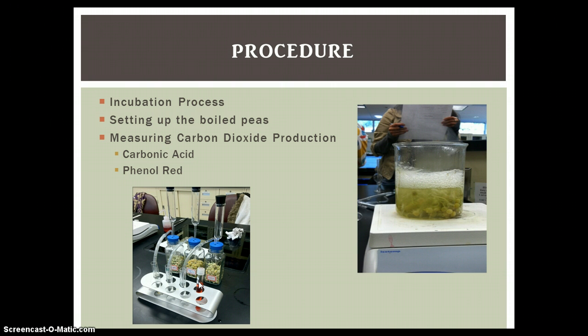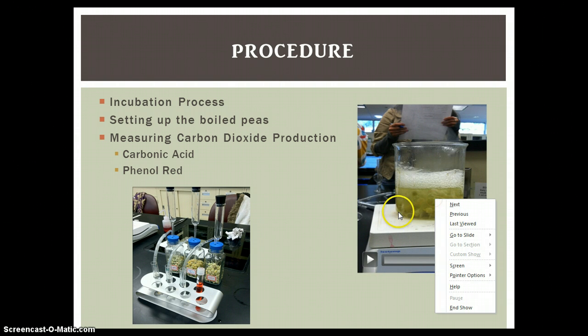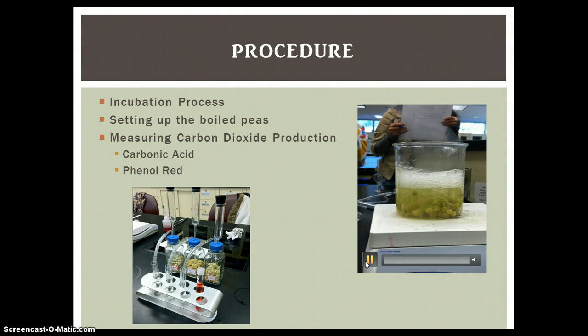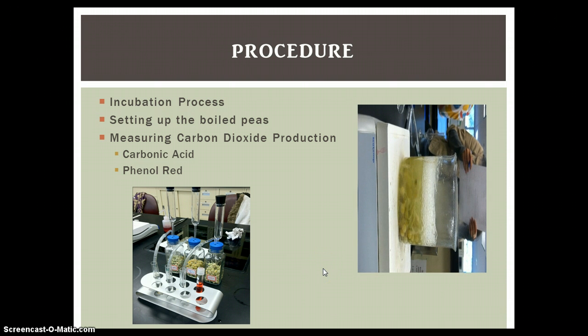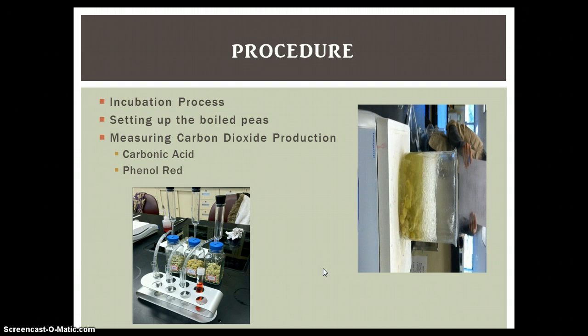To do this, we boiled water and poured in the peas for about 5 to 10 minutes, and then we took them out, drained them, and submerged them in room temperature water to let them cool off. After they cooled down, they were put back into the jar. Then we also let the three of them sit for an hour and become incubated.